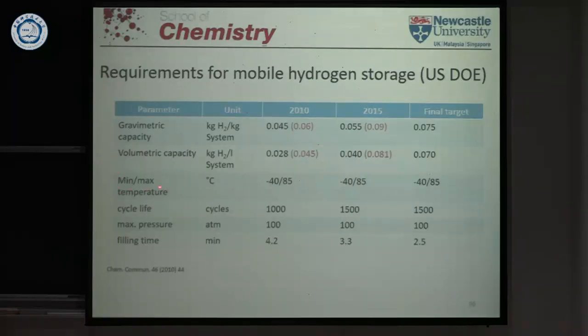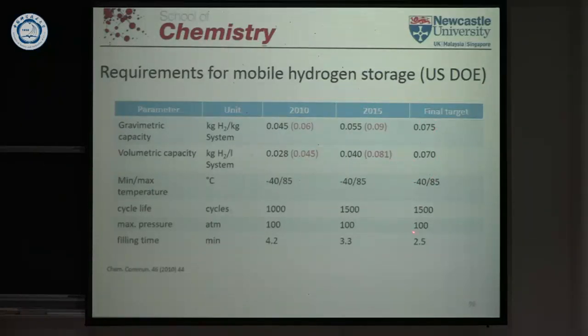And then the question of temperature, what are the temperatures for storing it and for releasing it? There has to be a reasonable temperature range. Then the cycle life, the maximum pressure, and then also the filling time. And these are all criteria that are in a way independent of the technology. This is derived out of the use of a hydrogen-based fuel cell car, what would be acceptable for the consumer.